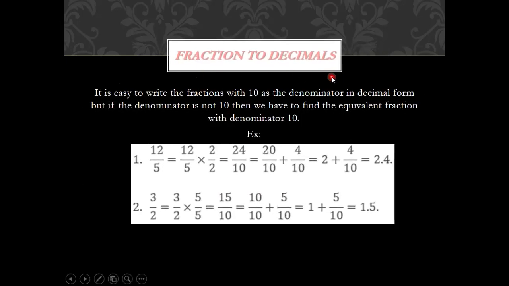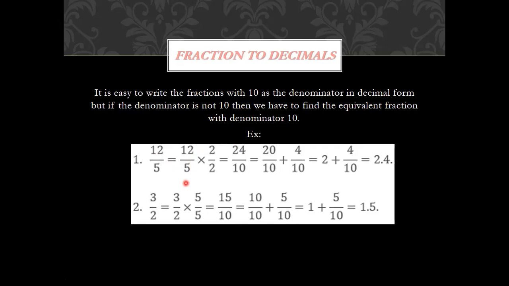Next, fraction to decimal. Suppose they have given us a fraction, how do you convert it to a decimal? It is easy to write fractions with 10 as the denominator in decimal form, but if the denominator is not 10, then we have to find the equivalent fraction with denominator 10. See, 12 by 5.